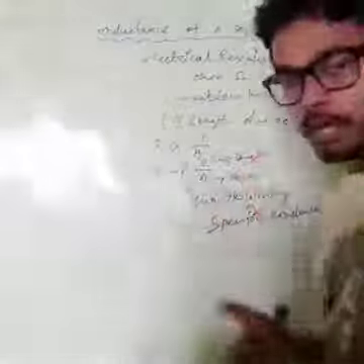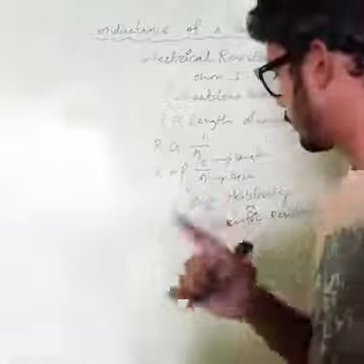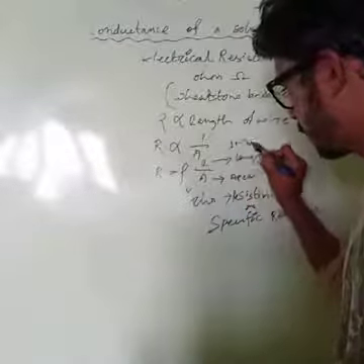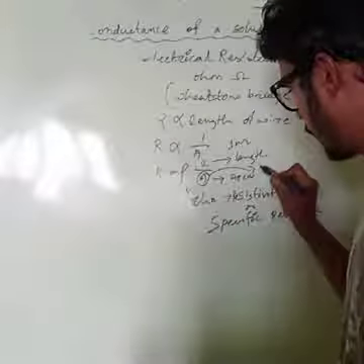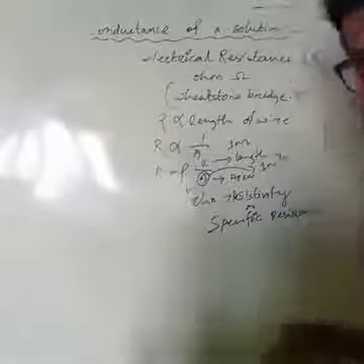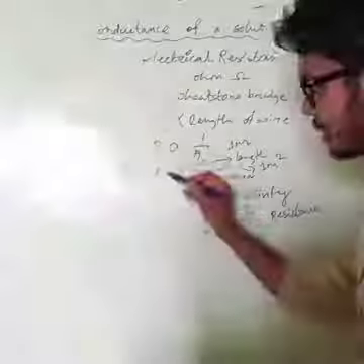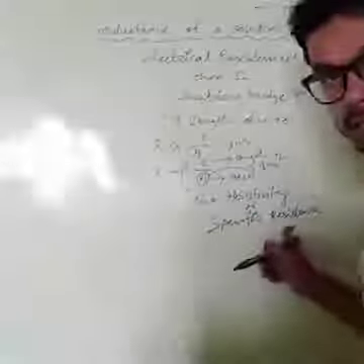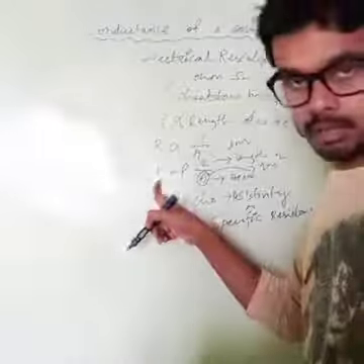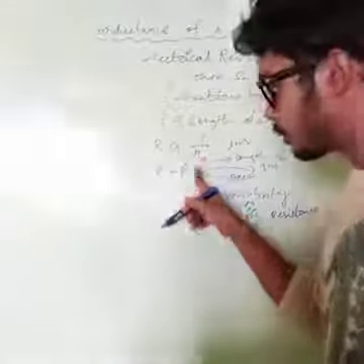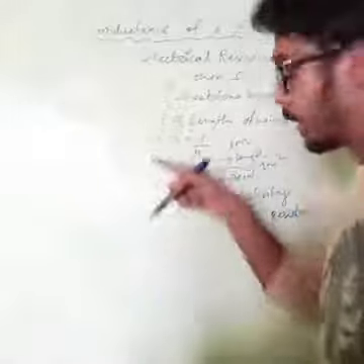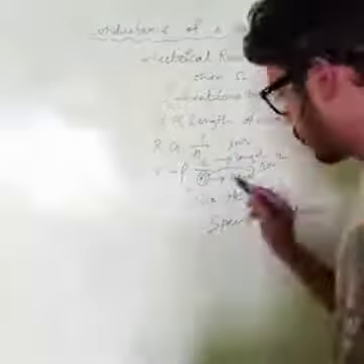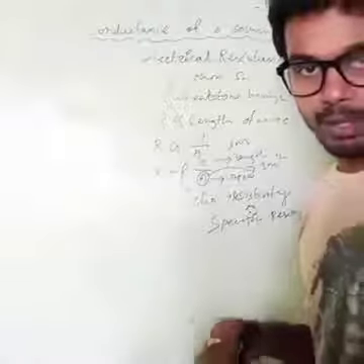Remember, very important: when the length is 1 meter and the area is 1 meter square, then rho is equivalent to the resistance. That is, the specific resistance, or resistivity, equals the resistance when the length of the wire is 1 meter and the area is 1 meter square. Is it clear?